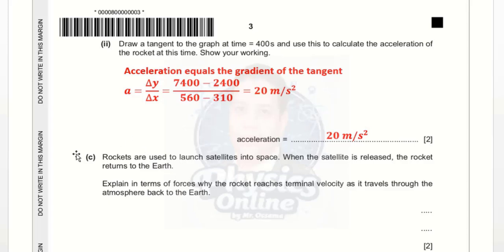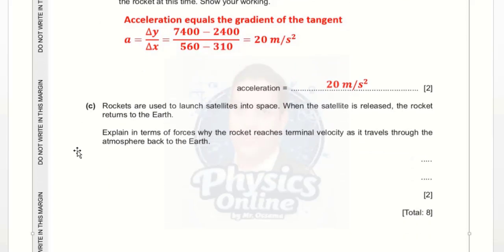Rockets are used to launch satellites into space. When the satellite is released, the rocket returns to the Earth. Explain in terms of the forces why the rocket reaches terminal velocity as it travels through the atmosphere back to the Earth.